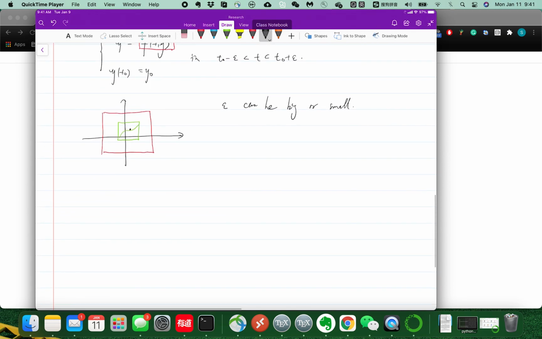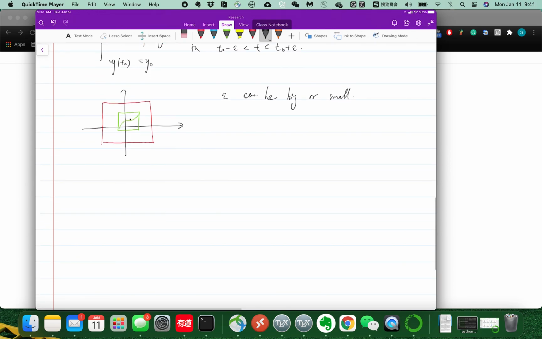But the good news is you can always repeat the trick. For example, you check the derivative around this point and find that the derivative is nice. Therefore, the solution exists at least from here to here. Then you go to the edge of this interval and check the derivative around there. If the derivative there is nice, you can extend this solution further.